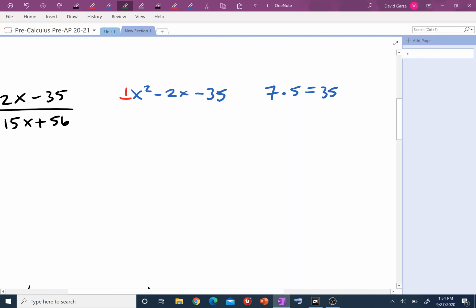We're going to go ahead and split this into the following, right? So we have x squared, and then we have negative 7x, and then we have plus 5x. Because once again, negative 7x plus 5x is negative 2x.